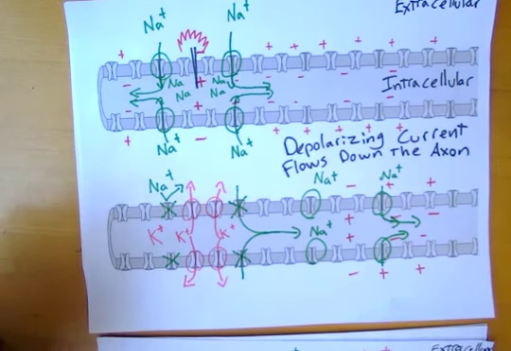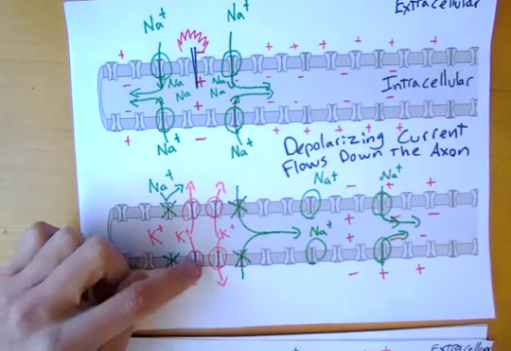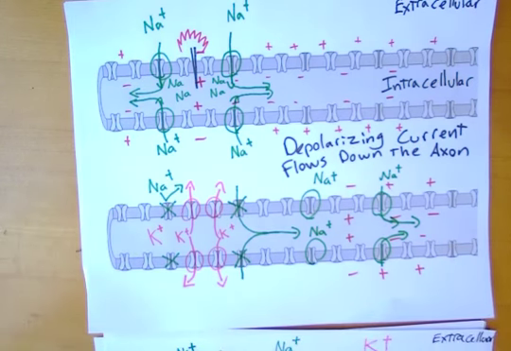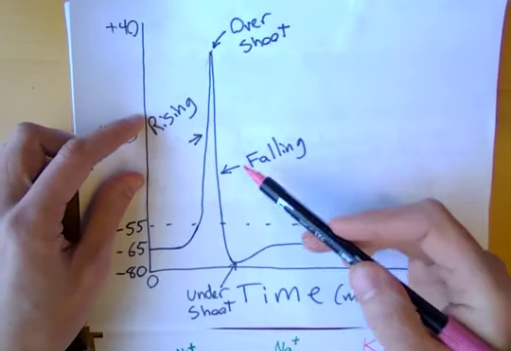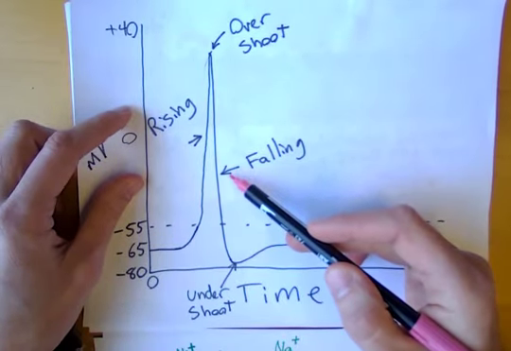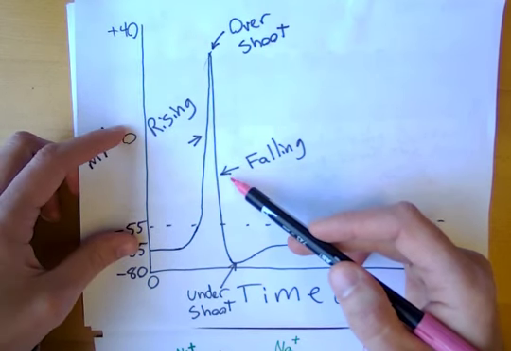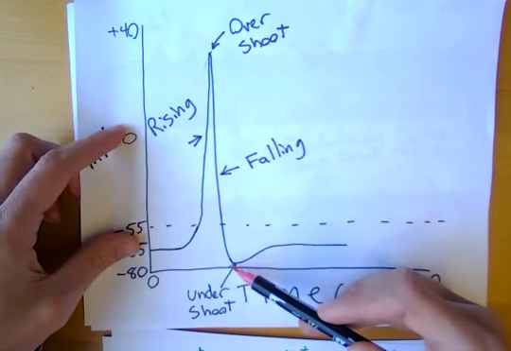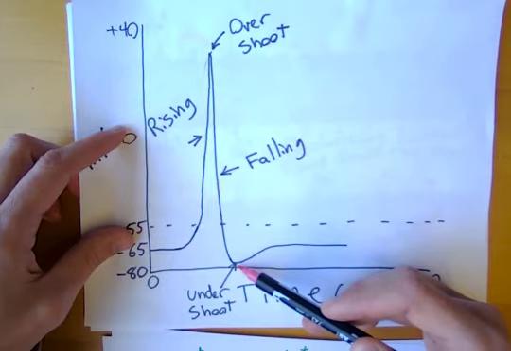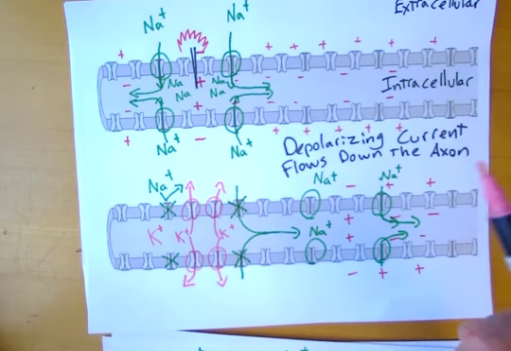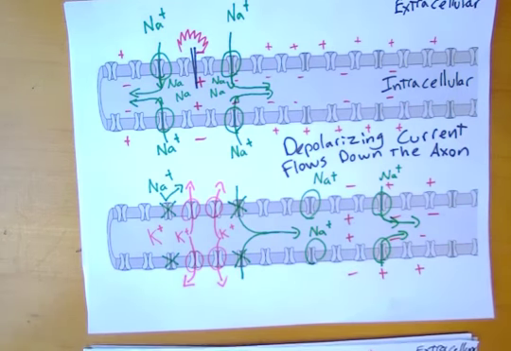So our sodium channels close and our potassium channels open. And this is what initiates and causes this falling phase. So much so that so much potassium leaves that it actually undershoots and becomes hyperpolarized, more negative than its resting membrane potential.